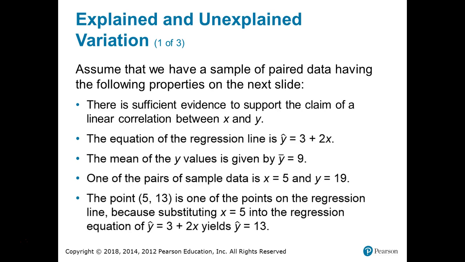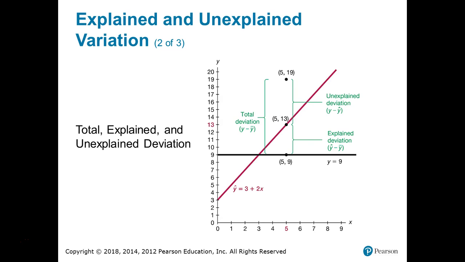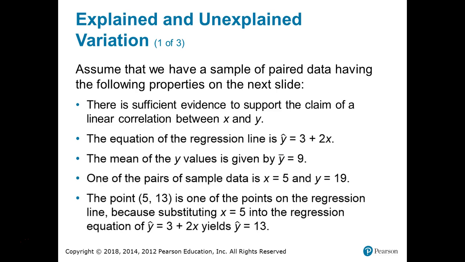So assume that we have a sample of paired data having the following properties. We're looking at this over here. So, looking at these bullets, there is sufficient evidence to support a claim of a linear correlation. Assume that the equation of the regression line is given by y hat equals 3 plus 2x, so nice and simple.